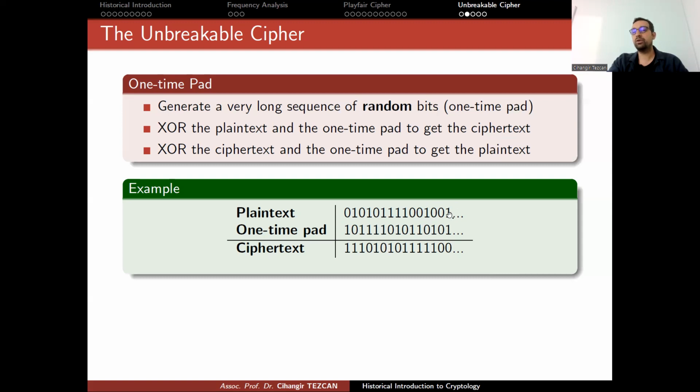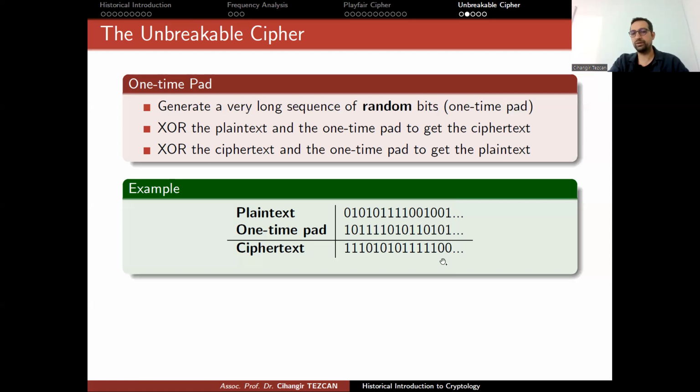But once you XOR 1 and 1, since it is modulo 2, you obtain 0, and you don't have a carry bit here. If you were performing normal addition, you would have a carry bit, but now you don't. So each bit is added independently. That is the idea behind the XOR operation.